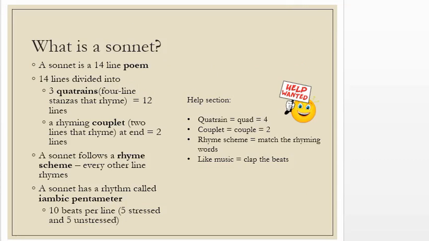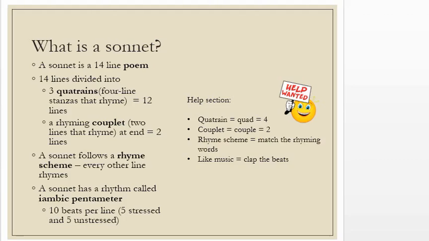What is a sonnet? A sonnet is a 14-line poem, and these 14 lines are divided into 3 quatrains and a couplet. A quatrain is a 4-line stanza. Think of a quadrilateral in math, or you write on your quad, which has 4 wheels. So think of a 4.